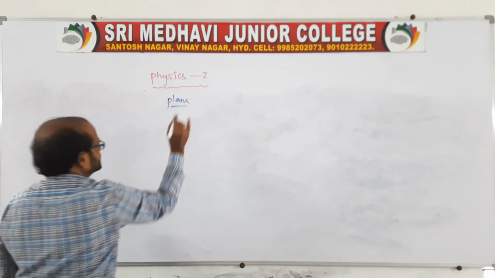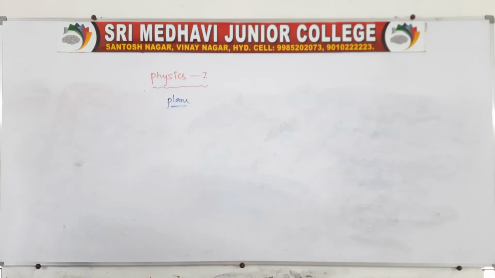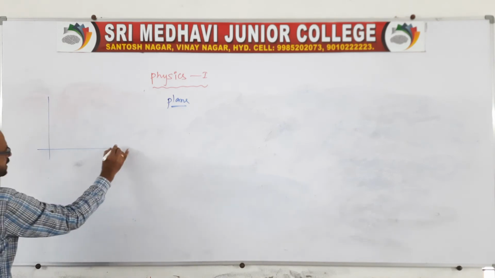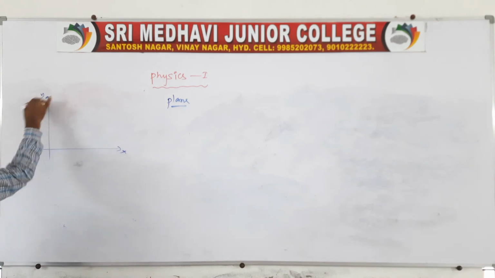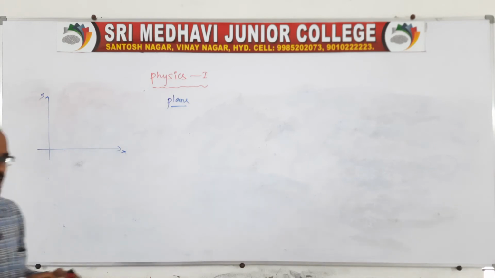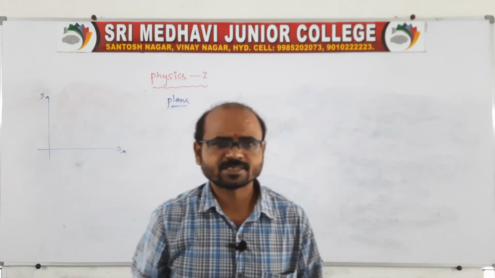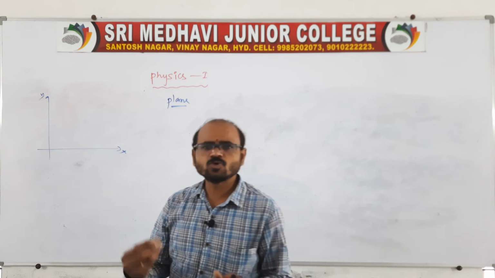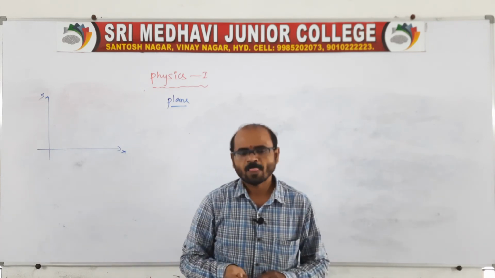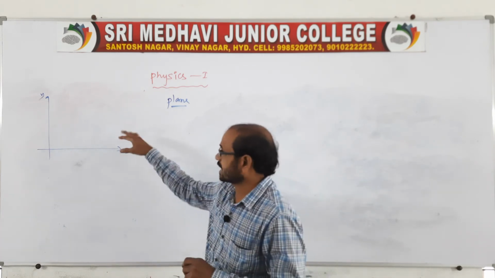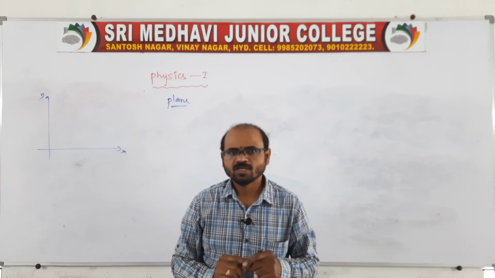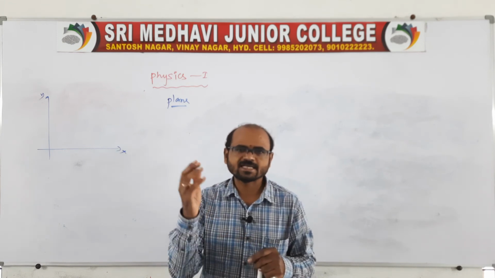Suppose you take any plane like a 2-dimensional plane, x and y. In this x and y axis, it consists of n number of particles. Usually particles move from one place to another place. So in this case also we have to define the velocity as well as acceleration.